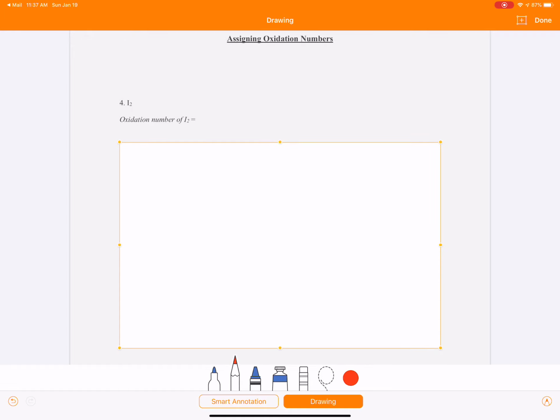Here we're given iodine, and we are asked for the oxidation number. Well, a couple things to note here. Iodine's a diatomic element, so that's why it's 2 there.